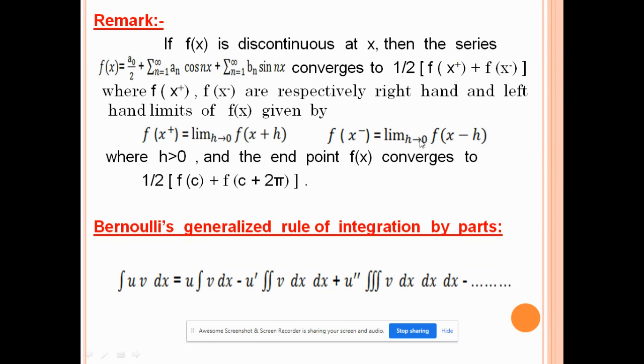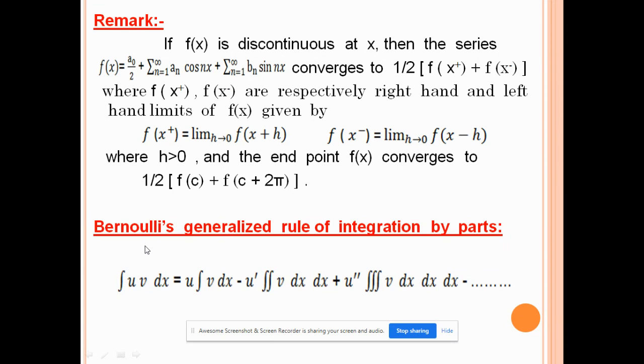You already know the left hand and right hand limit rules, where h is greater than 0. At the end points, the series converges to 1 by 2 into f of c plus f of c plus 2 pi. Remember this condition, this note.